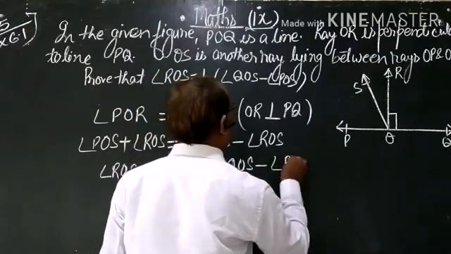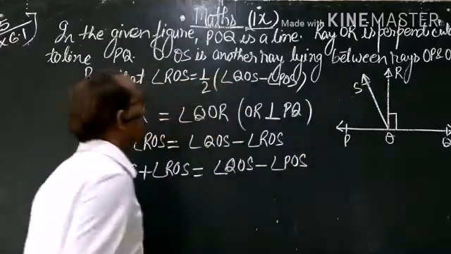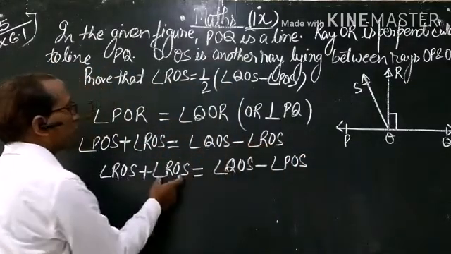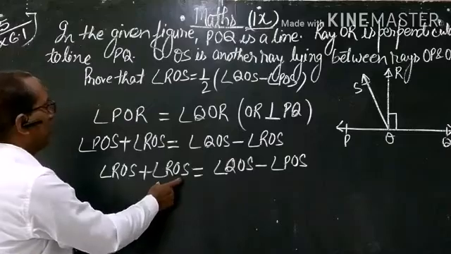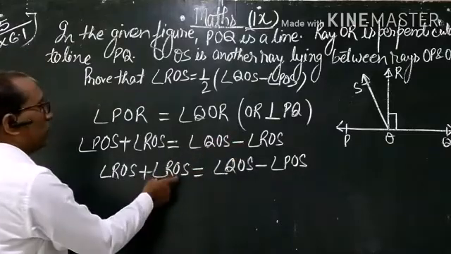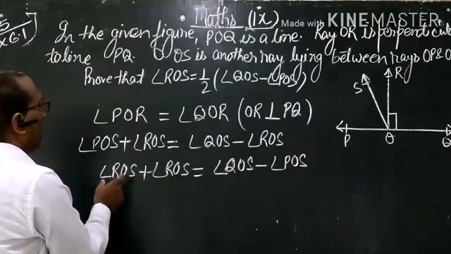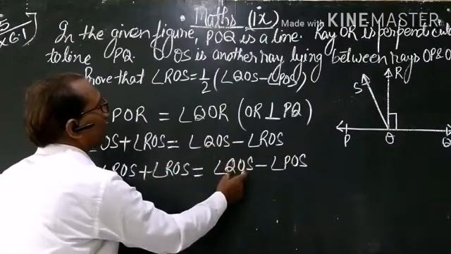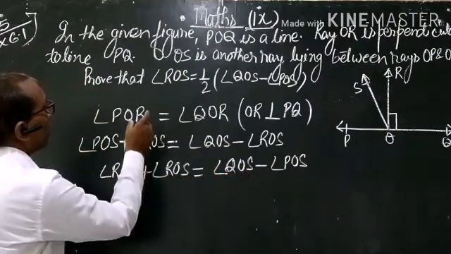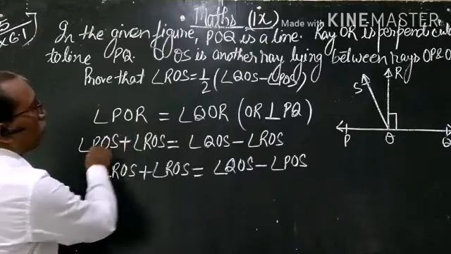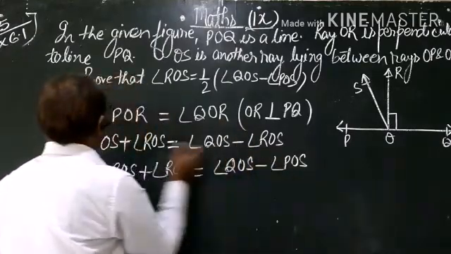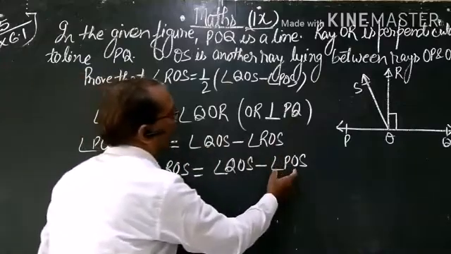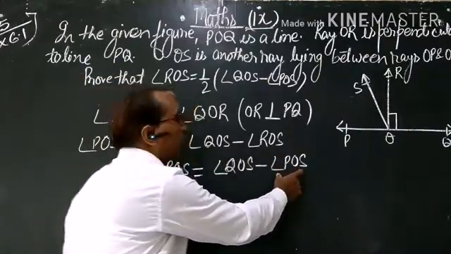Angle POS means ROS is here and this ROS is transposed in left side, therefore minus sign will change into plus sign. Therefore ROS plus ROS is equal to angle QOS is carrying here and angle POS is transposed here. You get in this left side here is plus sign, therefore in right side that sign will be changed negative sign.